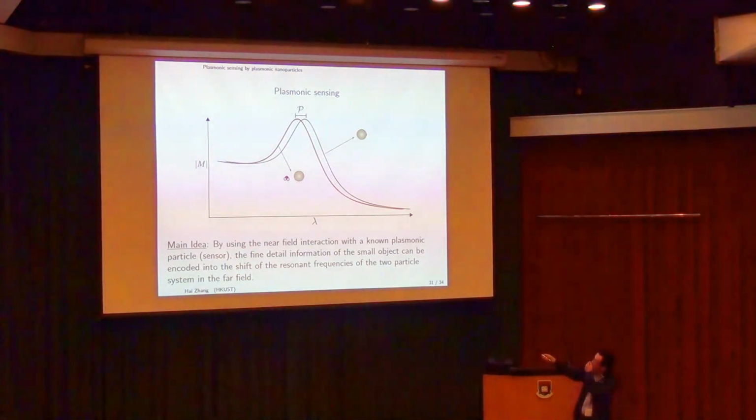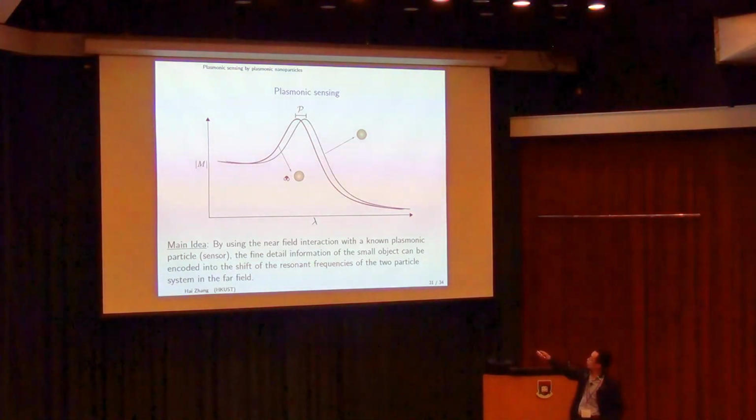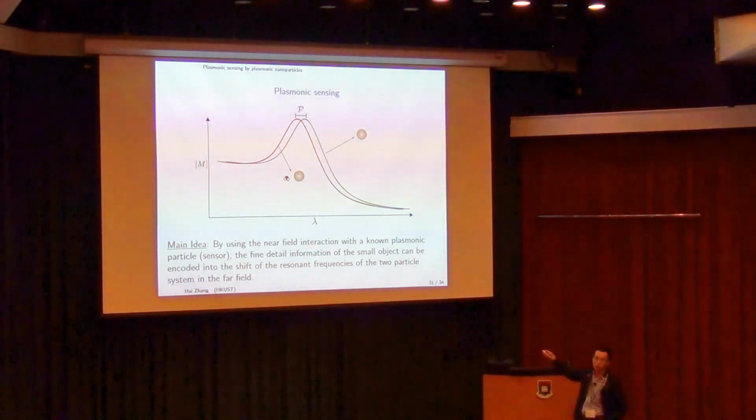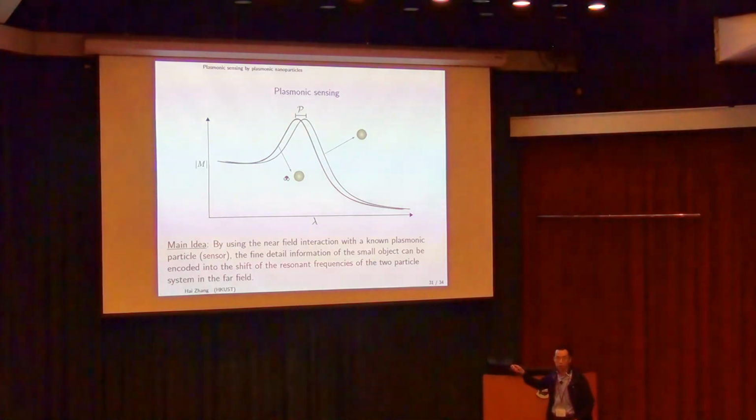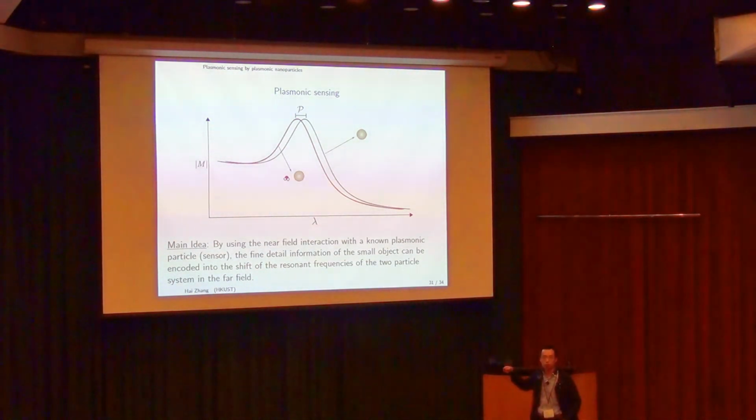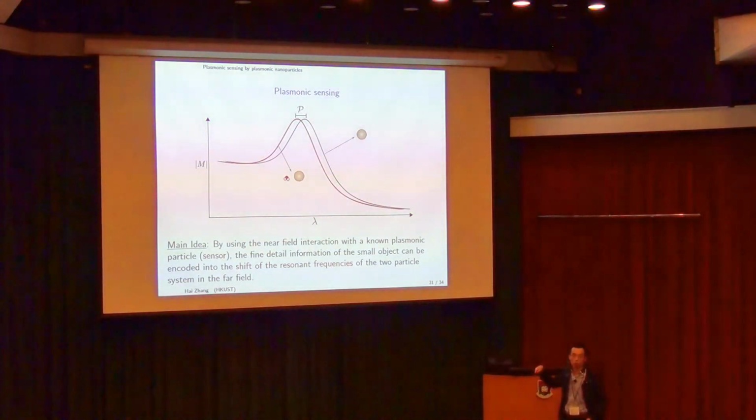Because of the presence of this small particle, the resonant frequency of the particle will be shifted. We can measure the shift from the far field, and from this shift we can recover some information about these small particles. So we have to use some resonant effect to enhance the signal.